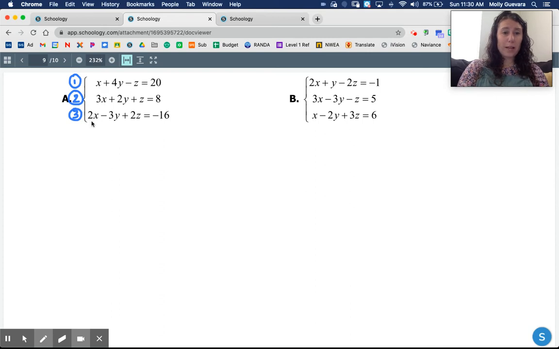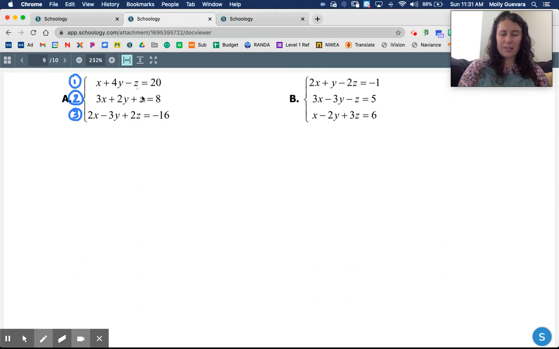So I'm going to look at all my x's. I have 2, 3, and 1. So my common number would be like a 6 maybe. Or I could do 1 and 2 and multiply this by 3, or 1 and 3 and multiply this by -2. If I look at my y's, I'm not really super excited.